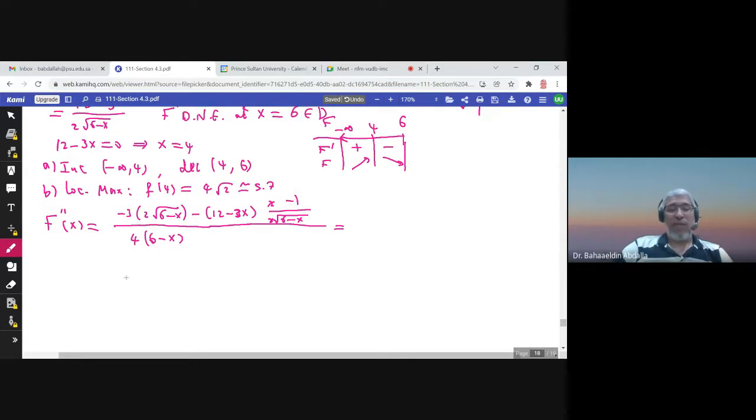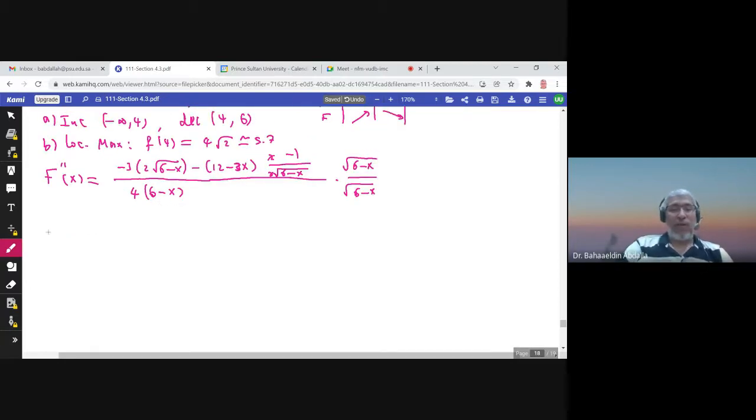Now, I'd like to multiply here up and down by square root of 6 minus x to get rid of the square root of 6 minus x. So I will have negative 3 times 2, that's negative 6, square root of 6 minus x times square root of 6 minus x, that's 6 minus x, minus 12 minus 3x. Now, I have minus 1 here, so I can write it plus.